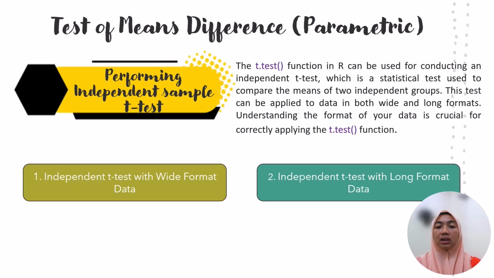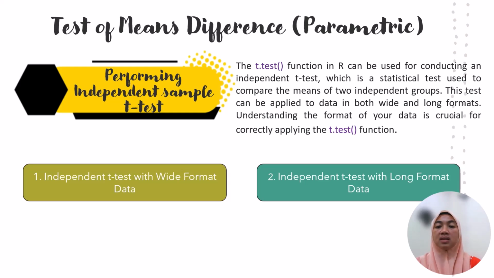The t.test function in R can be used for conducting an independent t-test, which is a statistical test used to compare the means of two independent groups. This test can be applied to data in both wide and long formats.